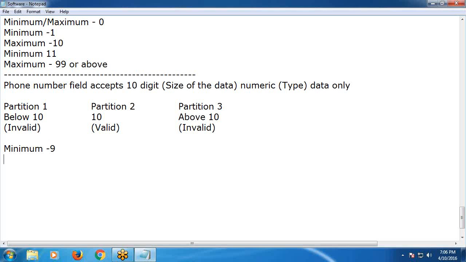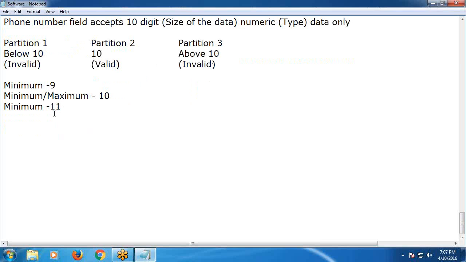Yes, sir. Minimum and maximum in partition 2 is 10 only. Minimum 11 in the third partition. You don't need to cover 12, 13, 14, etc. Three inputs are enough.